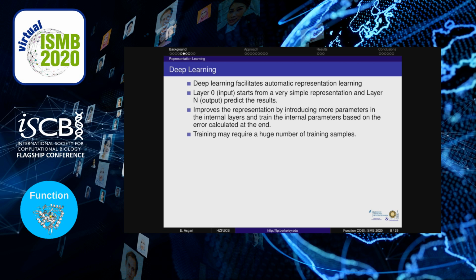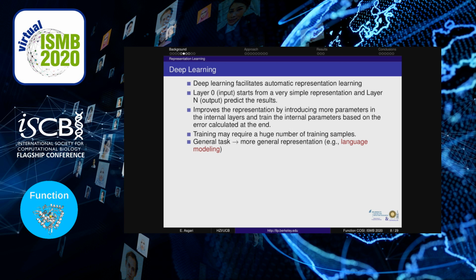Training a neural network may require a huge number of training samples. And if we are working on a general task, the representation that we obtain at the end is also a general representation that potentially can be applied to other tasks as well. Language modeling is an ideal case for such a scenario. Firstly, we have many training examples for language modeling, as this task is self-supervised.